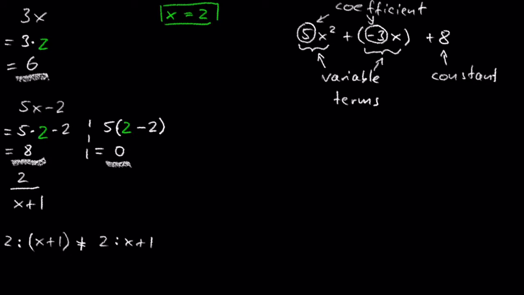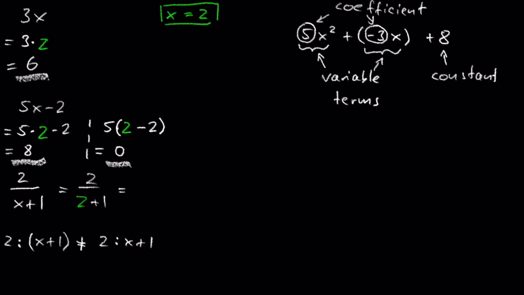Let's move on and plug in the 2 for x, and we get 2 over 2 plus 1. Naturally, we first add 2 to 1, because the division bar separates everything in the denominator from the numerator. So 2 plus 1 has to be solved before we can divide it properly.